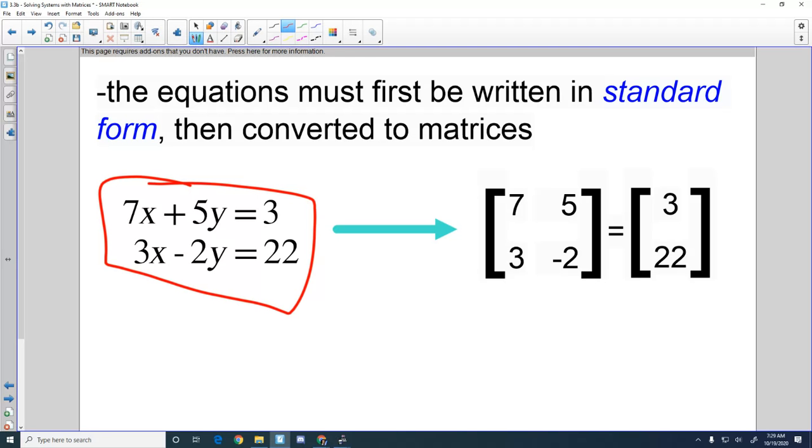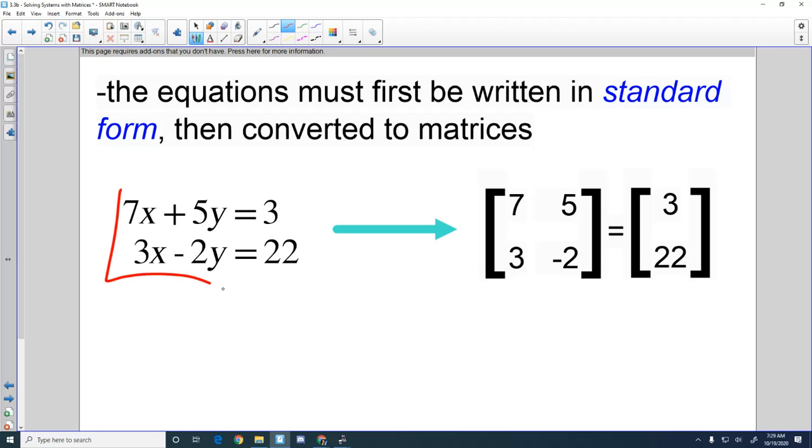And if you see, they match up pretty nicely. We've got the coefficients on the left, 7, 5, 3, negative 2. That's right here: 7, 5, 3, negative 2. That would be the coefficient matrix. It's literally just a matrix of the four coefficients of your variables.